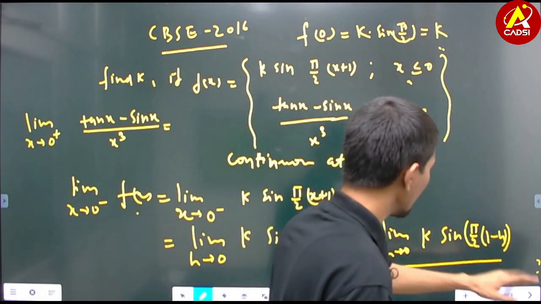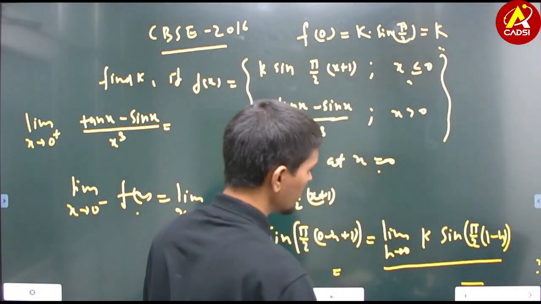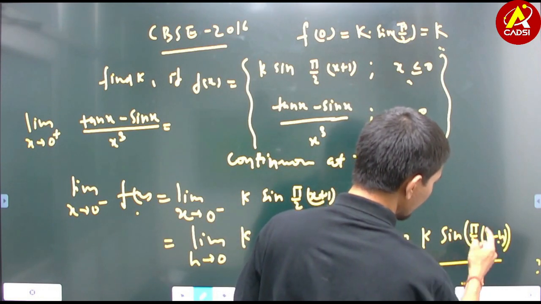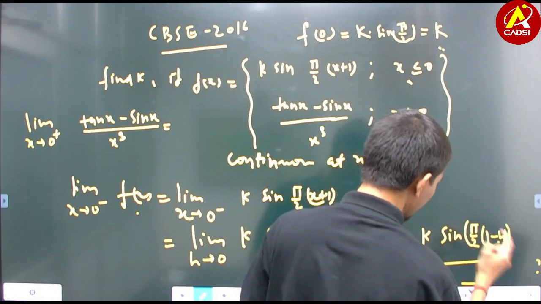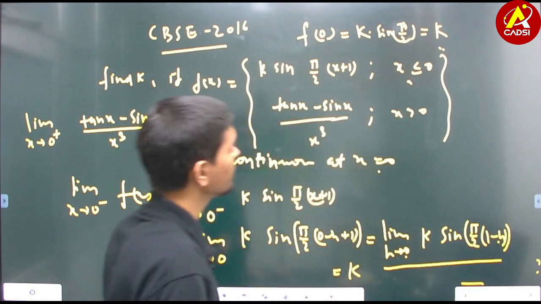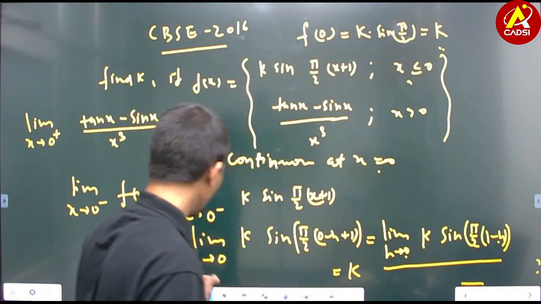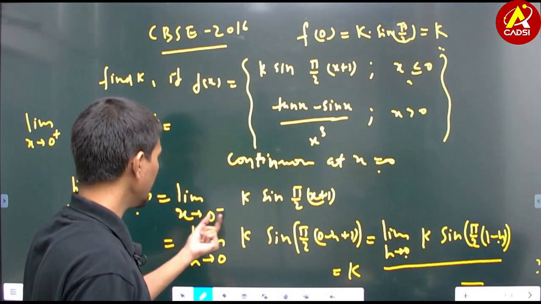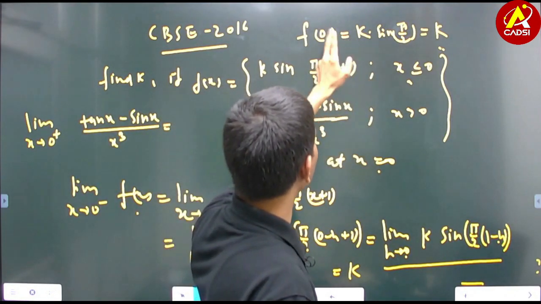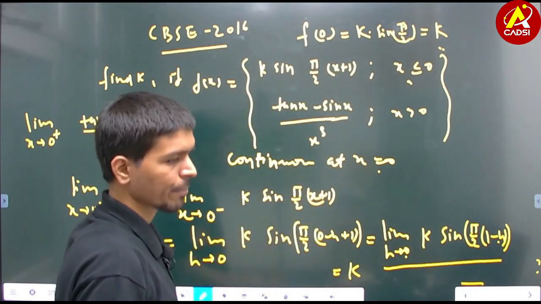Because both are the same: if we solve this as h tending to 0, then sine pi upon 2 times (1 minus 0) means sine pi by 2, which is 1, then k. So f of 0 is k, and f of x tending to 0 minus, the left hand limit, and the value of the function at 0 are both equal to k.